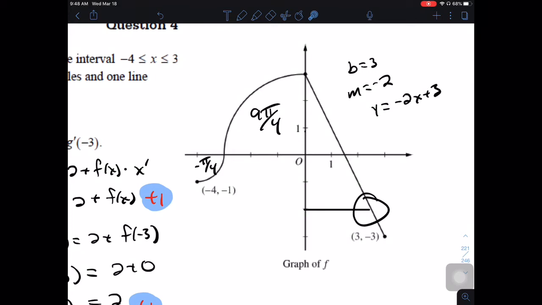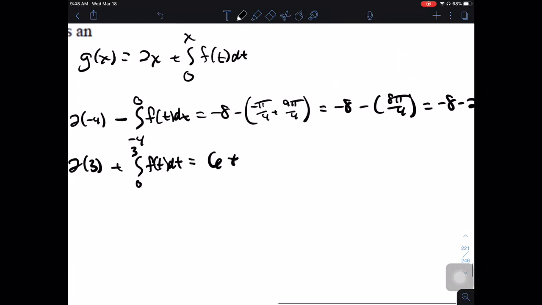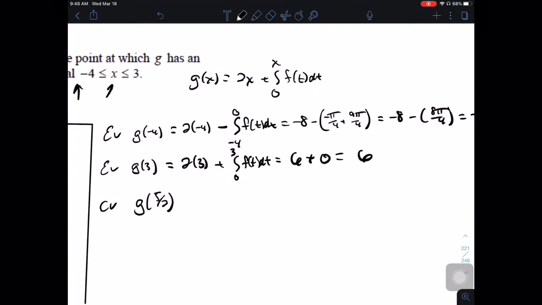Well, looks like it's going to be 0 because this triangle and this triangle have the same dimensions. So the area from 0 to 3 is just going to be 0. That makes that 6. Right now, comparing 6 and this negative number, 6 is definitely bigger. So right now, the g of 3 might be the absolute maximum.